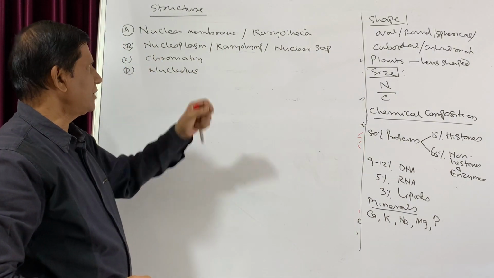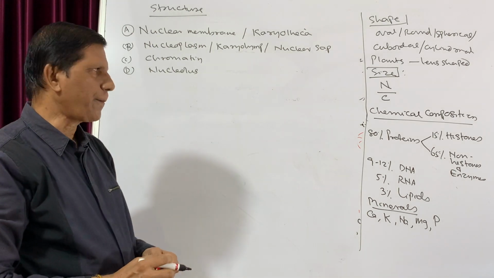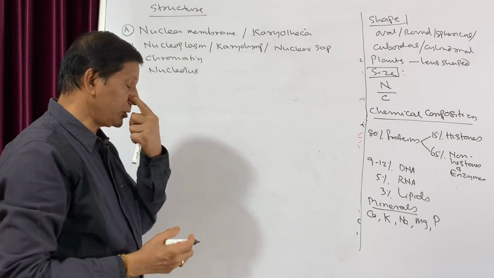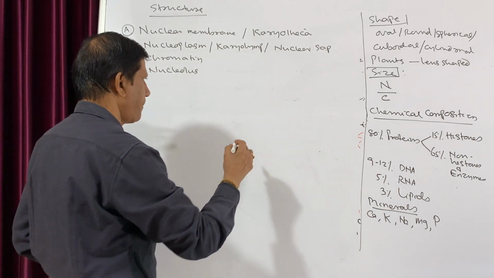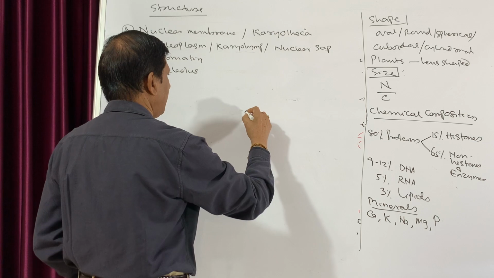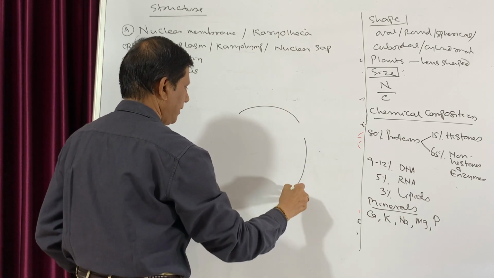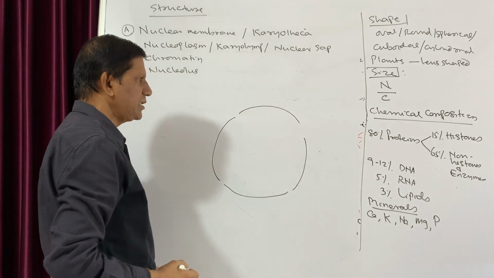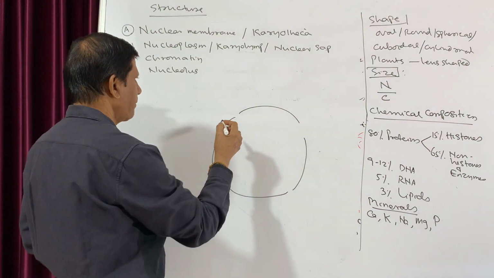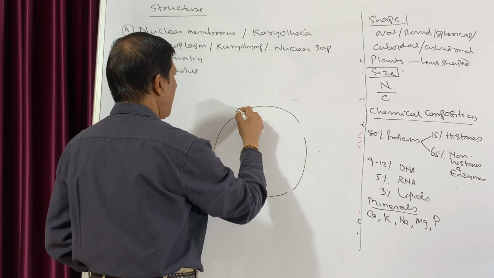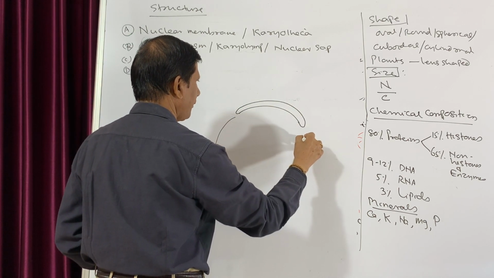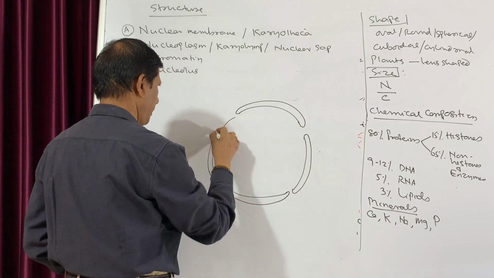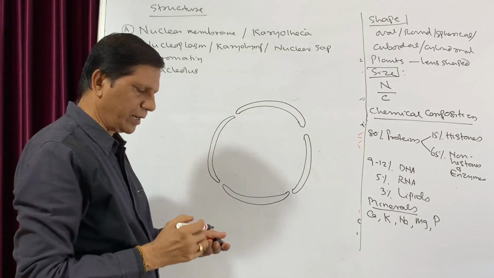First, let us discuss this nuclear membrane or karyotheca. Usually, each nucleus has a double membrane structure. So this is the inner membrane, and then there is an outer membrane. That means there are 2 membranes.